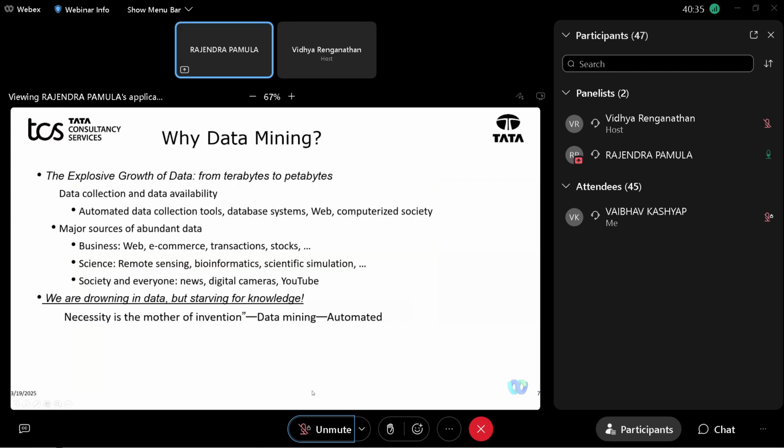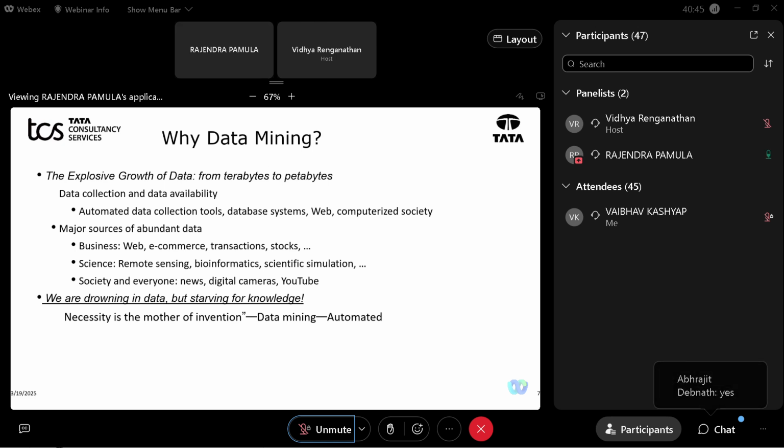So why do we need data mining? First question: why do we need to use data mining? There is no need of using a specific technology to understand the data. Whatever knowledge I have, I'll analyze it by myself.